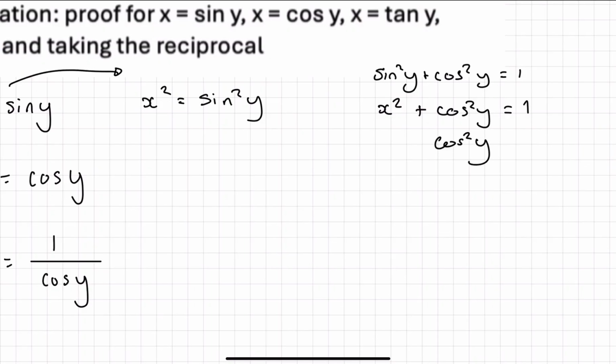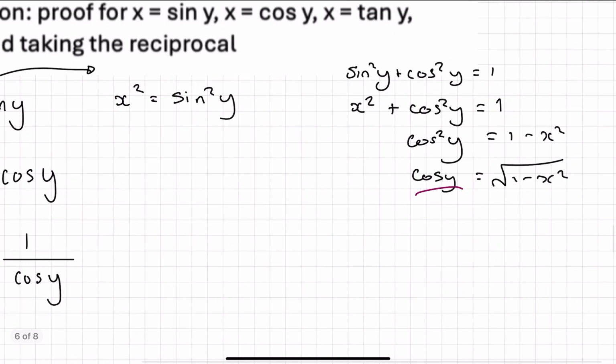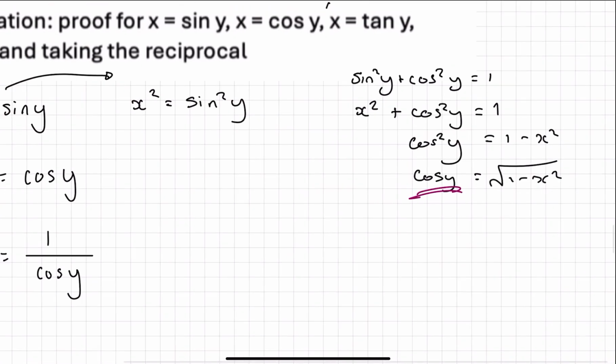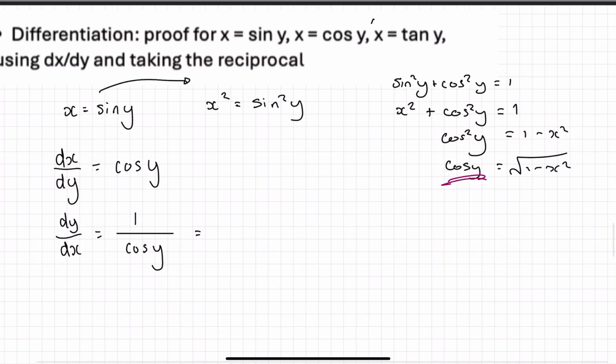Cos squared y equals 1 minus x squared, so cos y is the square root of 1 minus x squared. So dy over dx is 1 over the square root of 1 minus x squared. Fantastic. You can do the same logic for the other two.